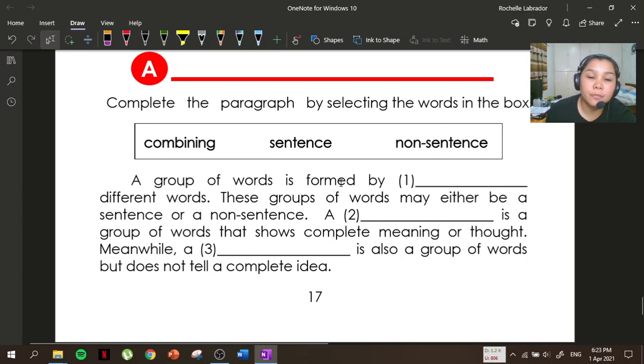Next, blank different words. So these groups of words may either be a sentence or a non-sentence. A blank is a group of words that shows complete meaning or thought. Meanwhile, a blank is also a group of words but does not tell a complete idea. So what is it? So you only have 3 choices.